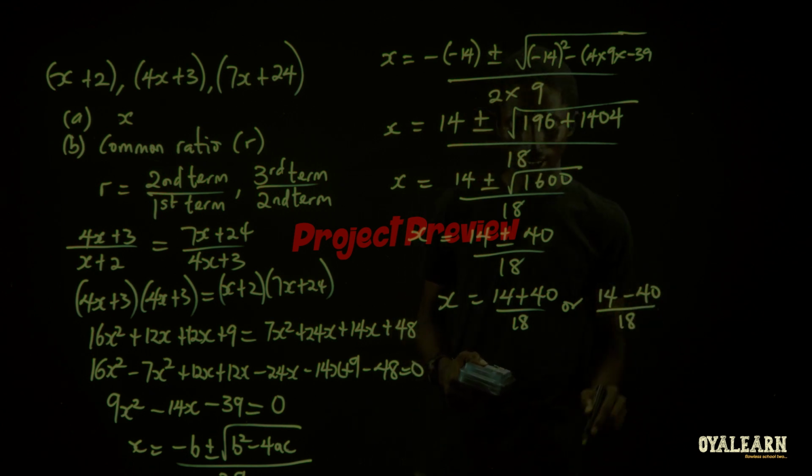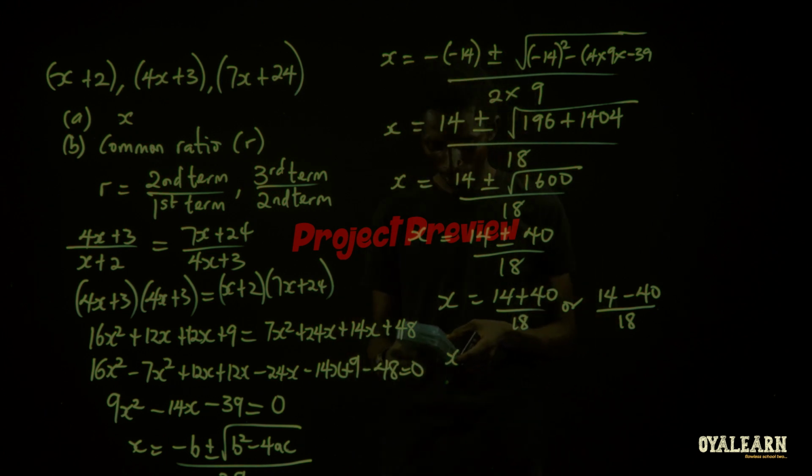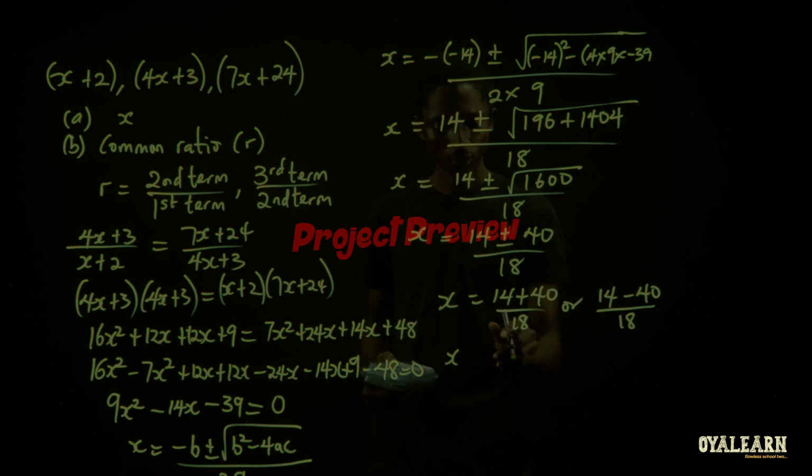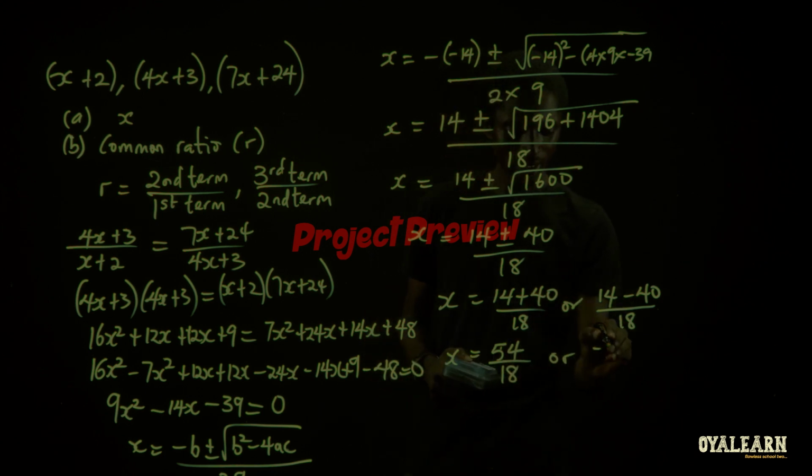Now in the first one, here we have 54 over 18, or on the other side, negative 26 over 18.